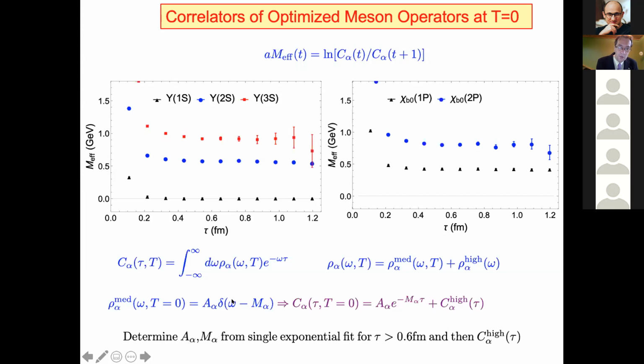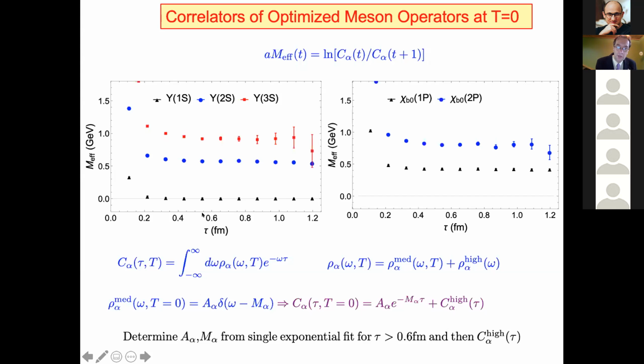At zero temperature, of course, we have well-defined meson states, so the medium part is just a sum of delta functions, or one delta function in this case, because they project on different states. So we expect the zero temperature correlator to be given by an exponential decay plus some high energy part, which is unspecified.